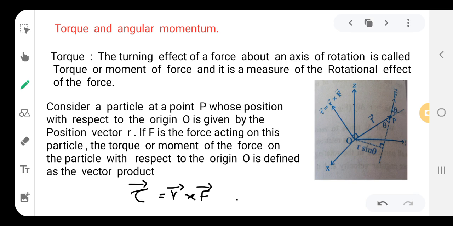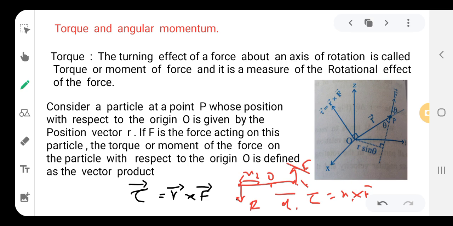If we take two points, at one point a force F is applied and at the other the force is applied downwards. Let the distances from the center be x1 and x2. Torque is x1 cross F for this direction.